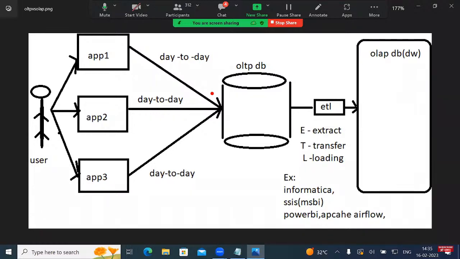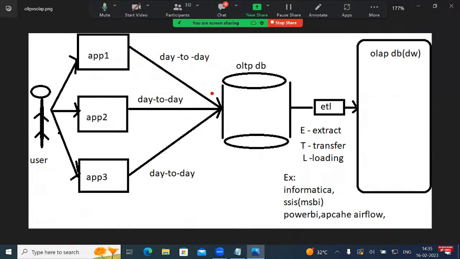Based on that, they set their memory and job schedules: whether to transfer daily, hourly, weekly, monthly, quarterly, half-yearly, or yearly.